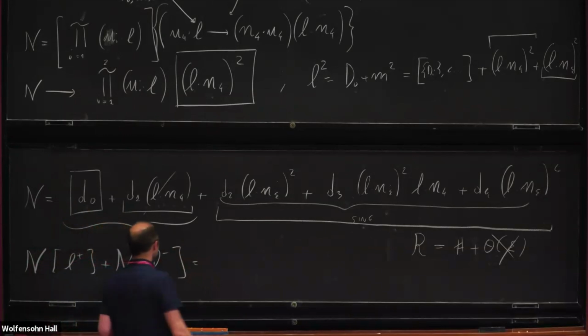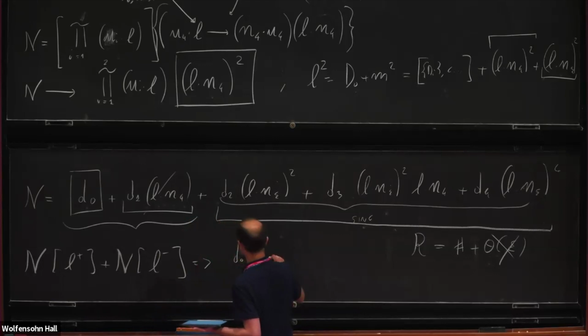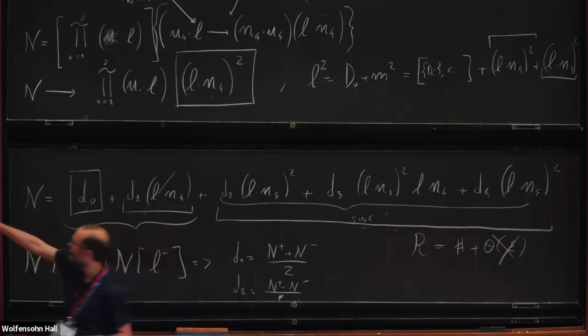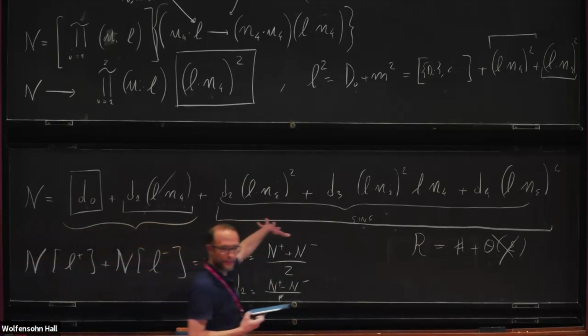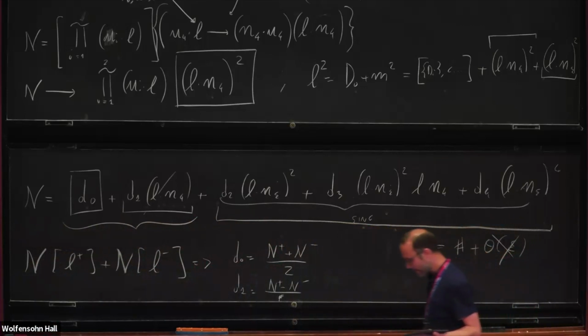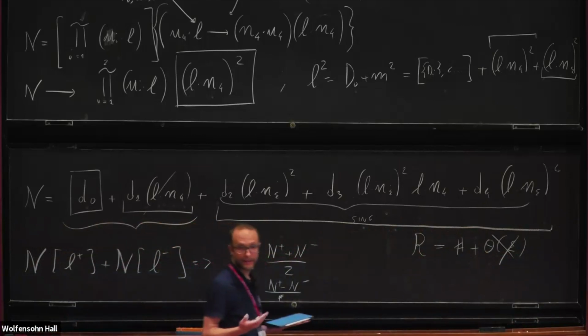Okay? So this tells me that D0 is 1/2, and we call it M plus M minus, and D1 is M plus minus M minus divided by some number that comes from all these factors here. Okay? So here you see, in a very obscure and convoluted way, something that you know very well, which is that when you do unitarity cuts, you have to sum over all possible internal degrees of freedom.